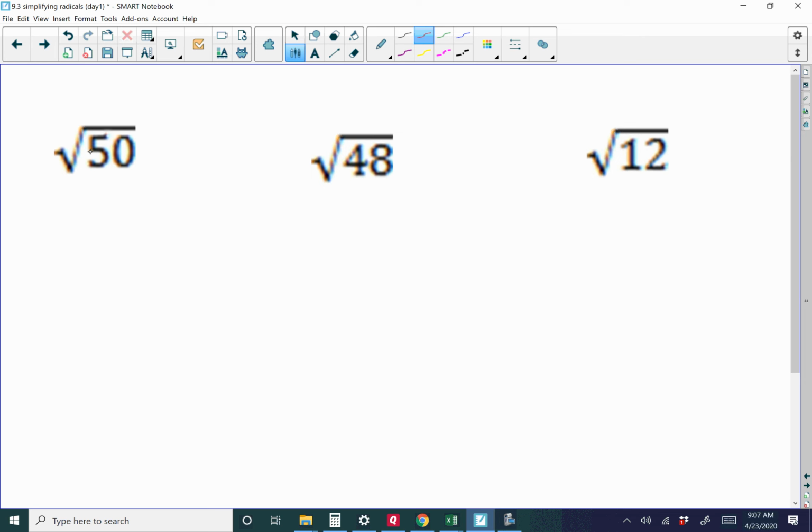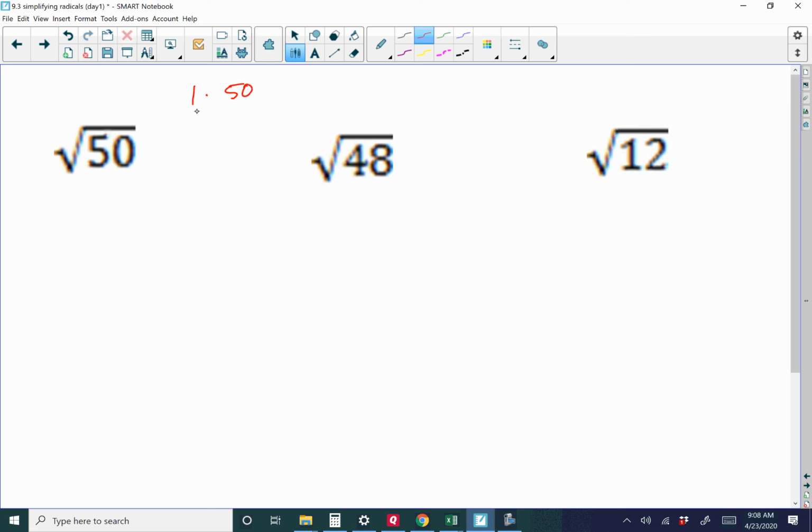So what are the factors of 50? 1 times 50. Now, yes, 1 is a perfect square, but it's not going to help us any to break the square root of 50 up into the square root of 1 times the square root of 50, because I'm just going to end up with 1 times the square root of 50, which is the same thing. It didn't simplify any. We weren't able to break it down and simplify it.